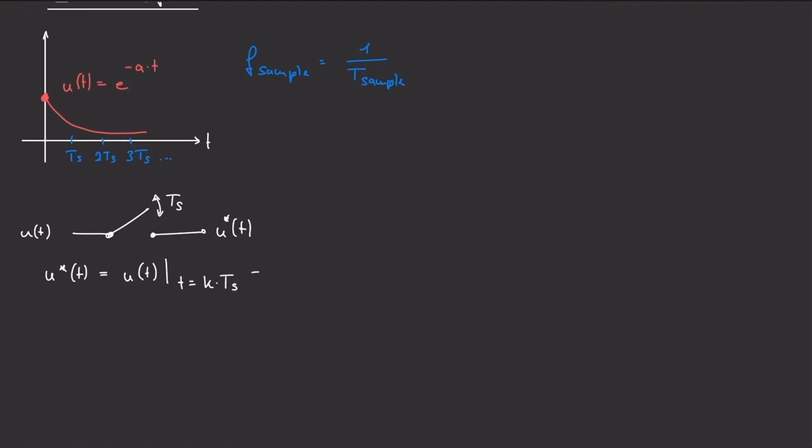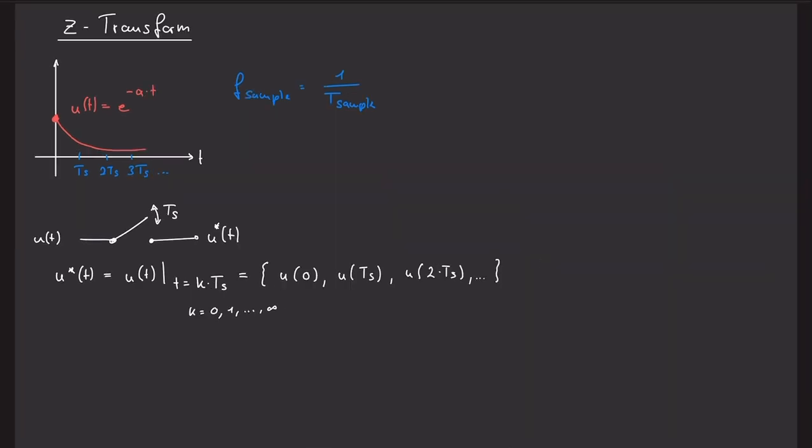You can also write this sequence down fully by saying, okay, if k goes from 0 to infinity, then it's u when t is equal to 0, t is equal to ts, 2 times ts, and so on.